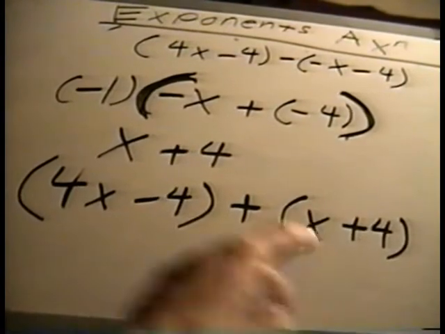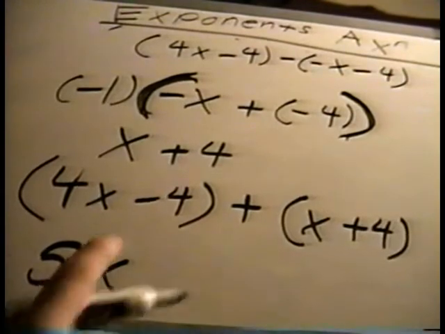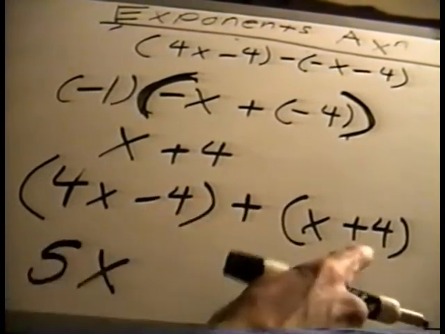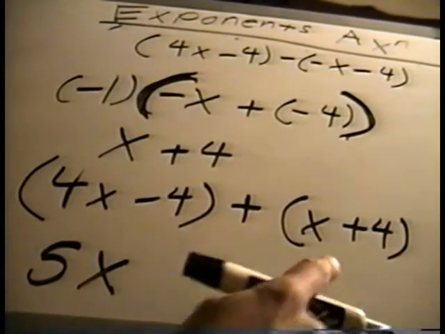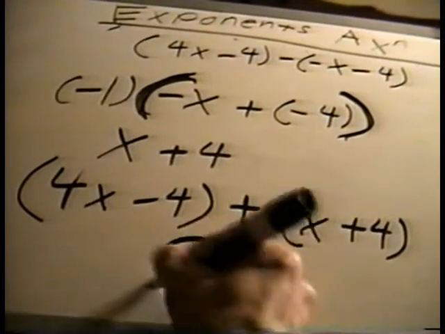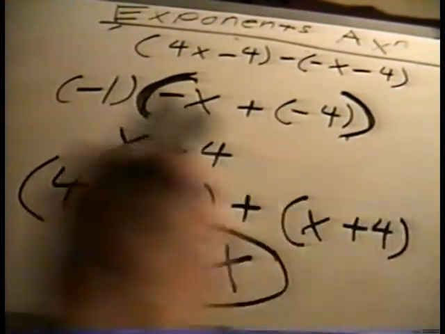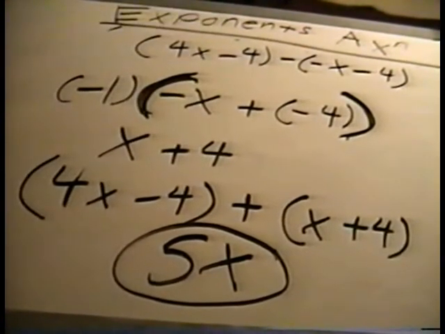Just like here, where C plus D takes the place of A. So if I have a negative C plus D, that equals a -1 times C plus D, times the sum of C and D. And if I take a -1 and I distribute it into C plus D, it's going to change the signs of both the numbers. It's going to make them both negative.